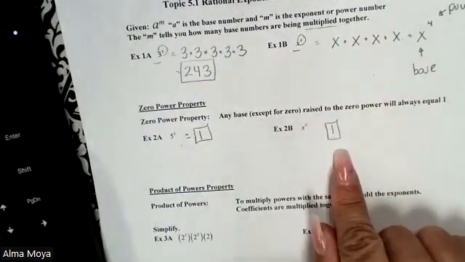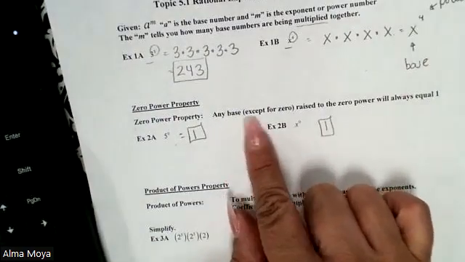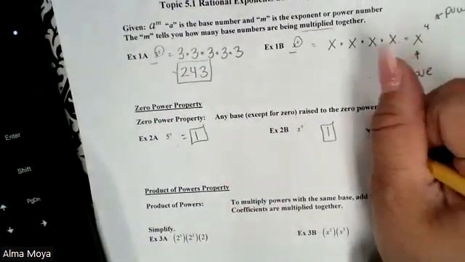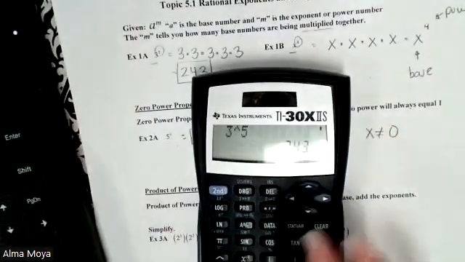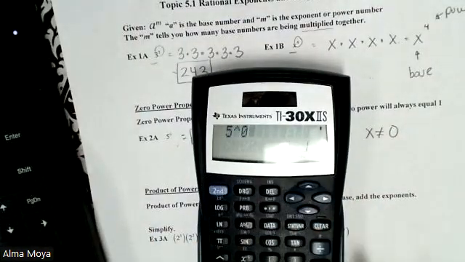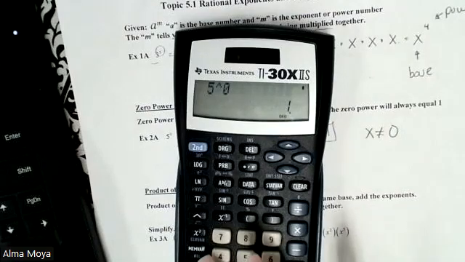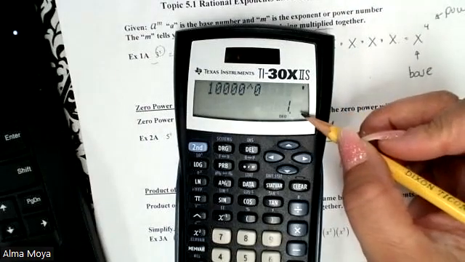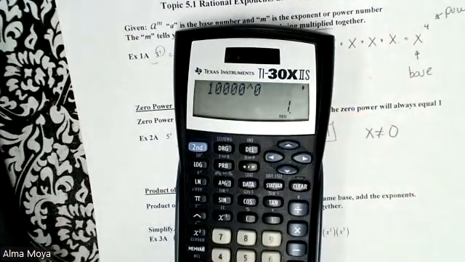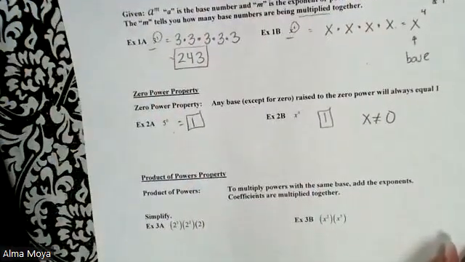But we have to keep in mind that it says any base except for 0, so on this one, x cannot equal 0. Watch, I'm going to type in 5 to the 0. 5 raised to 0 equals 1. I can type in 10,000 raised to the 0. Anything raised to the 0 will always equal 1. You guys have to memorize that. By definition, anything raised to the 0 power is always 1.